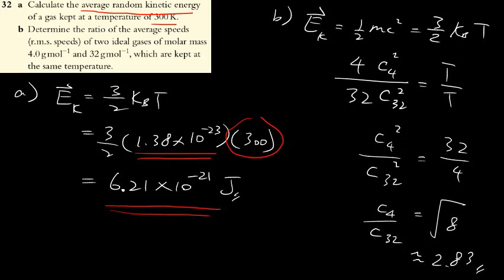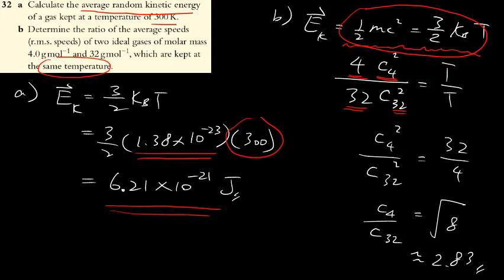For part B, you need to make use of the previous question, or you can make use of the equation, the combo again. Since you know the temperature is the same, you can simply apply this combo twice and put one over the other. So for the 4 gram mole one, I will be using 4 here, so the molar mass is 4 and the other one is 32, and the temperature is the same, so the ratio is more like this.